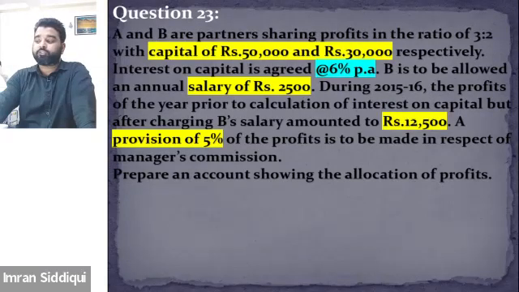This profit will be considered as the profit before charging salary. Now on this profit, we will calculate commission of 5%. Is that correct? Yes, sir. You need to find out manager commission on 15,000.